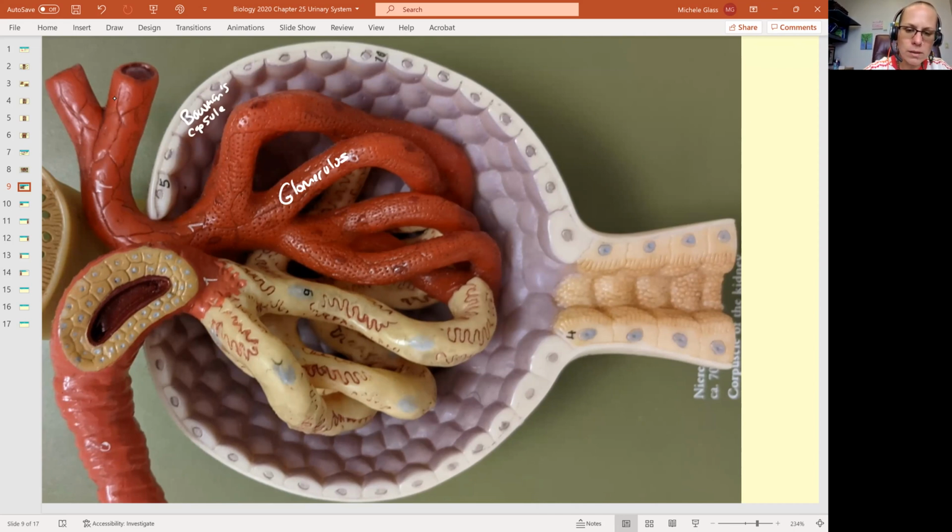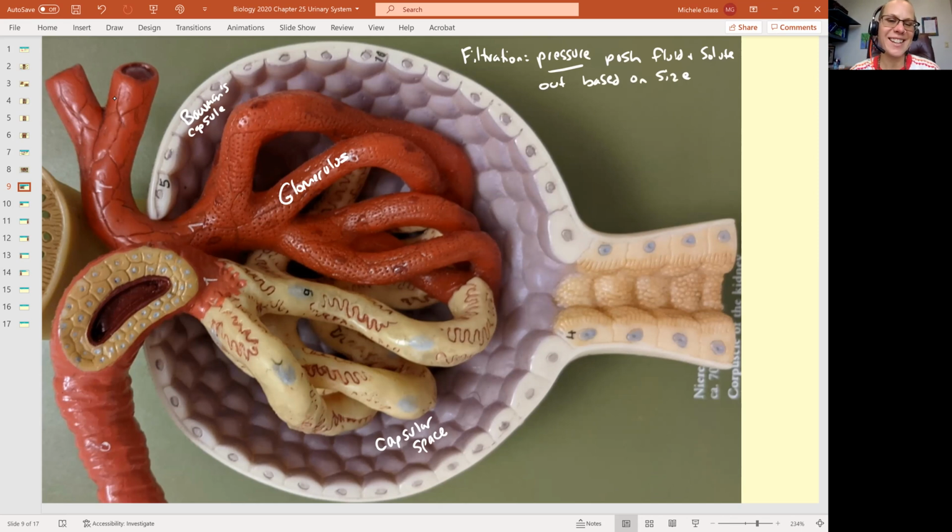And remember, we have this space called the capsular space. We said that the job of the capsule is filtration, and this is where pressure is going to push fluid and solute out based on size. So that's my real abbreviated description of filtration that we talked about before.